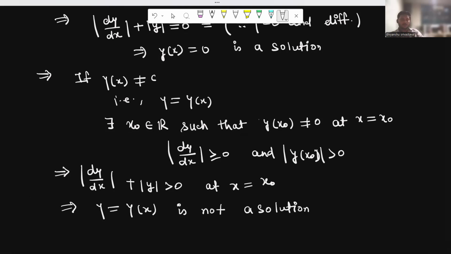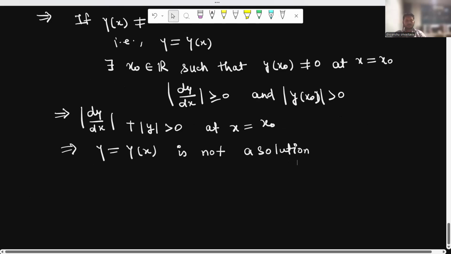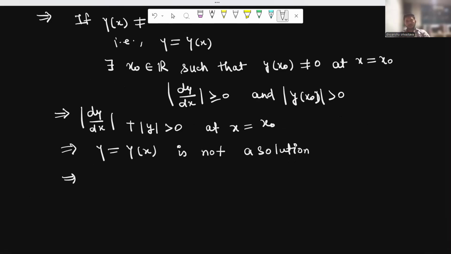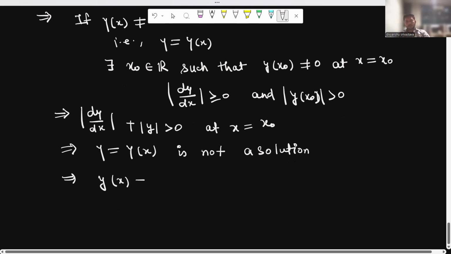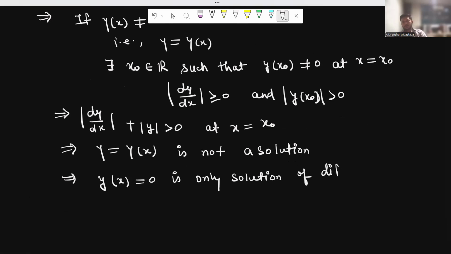Okay. Now the next thing is, therefore this implies y(x) equal to 0 is the only solution of this kind of differential equation. Okay. This kind of differential equation.